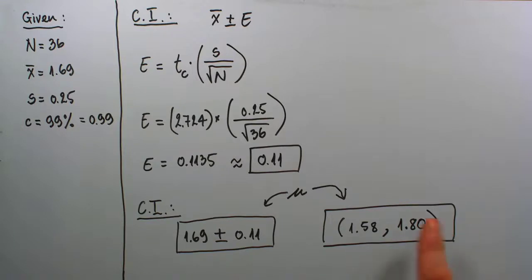And the interval that completely shows a low and high is regarded as the confidence interval in traditional format. That's how I a lot of times refer to it, as traditional format.